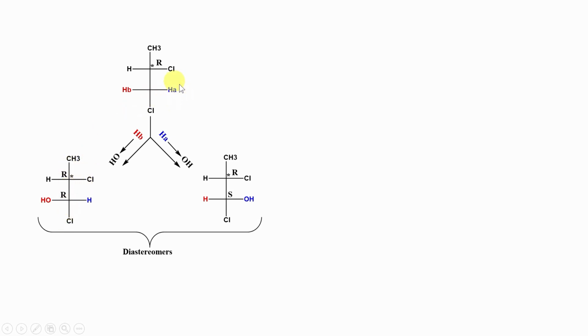Similarly, if we replace this blue hydrogen from the achiral carbon atom that is attached directly with the chiral carbon atom already present in the molecule with an achiral ligand OH, then we will get another 1,2-dichloropropanol, and these two 1,2-dichloropropanols are related as diastereomers. Then the HA hydrogen and the HB hydrogen are referred to as diastereotopic hydrogens.